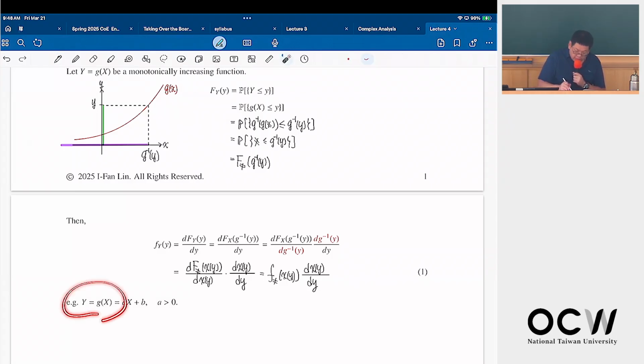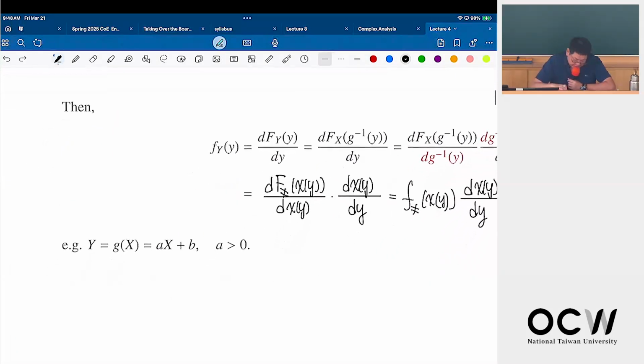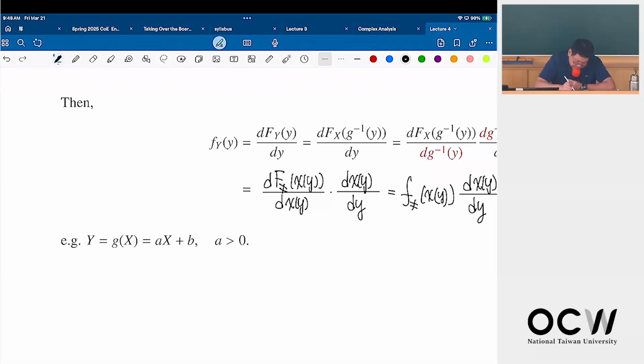Y equals g of x, and actually it is ax plus b, and my a is greater than 0. First, using the basic approach, we need to find a CDF, and then take the derivative of your CDF to get the PDF. So first, what is the CDF of y?